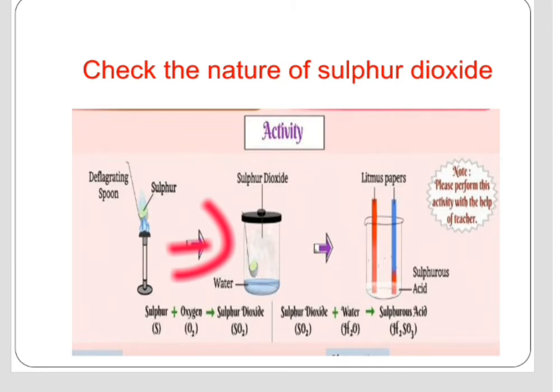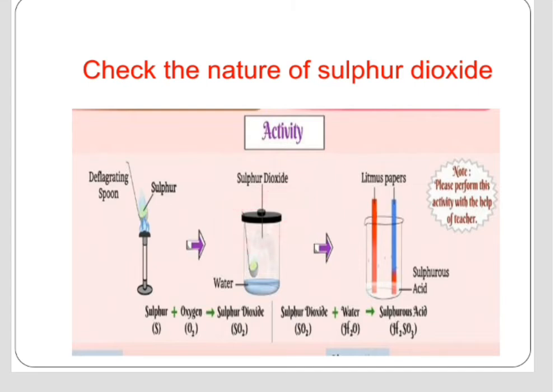As sulfur starts burning, introduce the spoon into the gas jar. Cover the lid. And ensure that the gas produced does not escape from the jar.